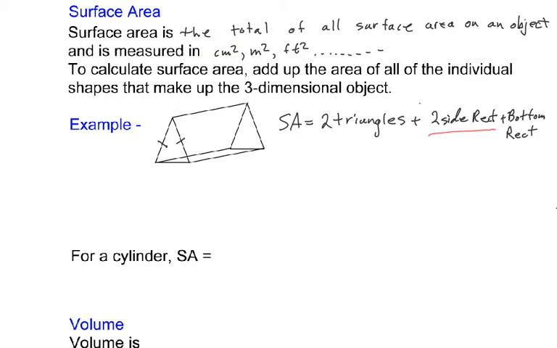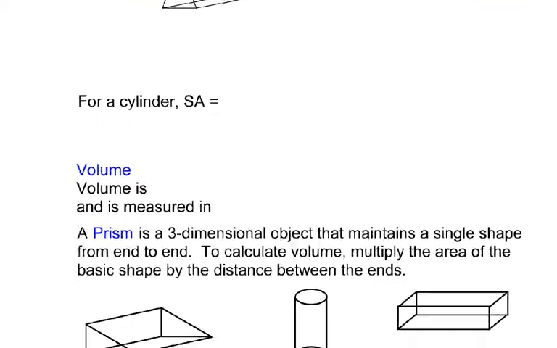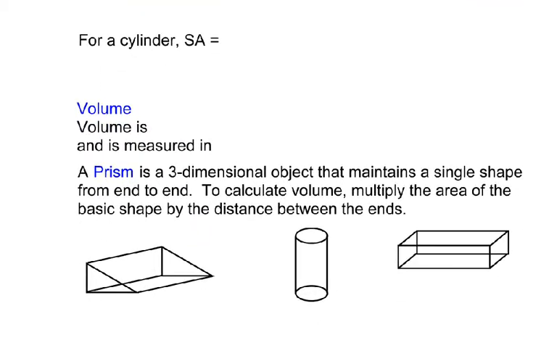On to cylinders. When you think of a cylinder, it looks similar to something like this, with a dashed line for the background portion of the circle.